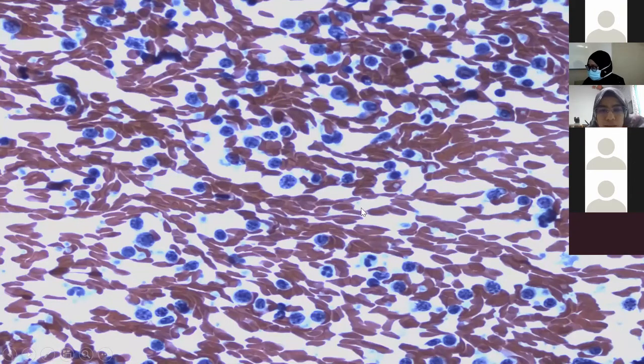You can see that the cells are quite monomorphic, not really large, but we can compare with the normal lymphocyte. I think this one is a possible normal lymphocyte, and you can see the nuclear features, some show a bit coarse chromatin. Coarse chromatin, hardly any nucleoli.